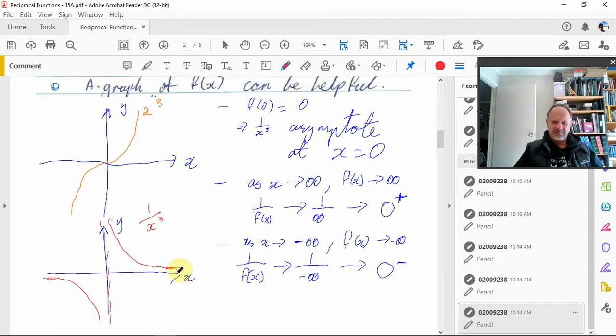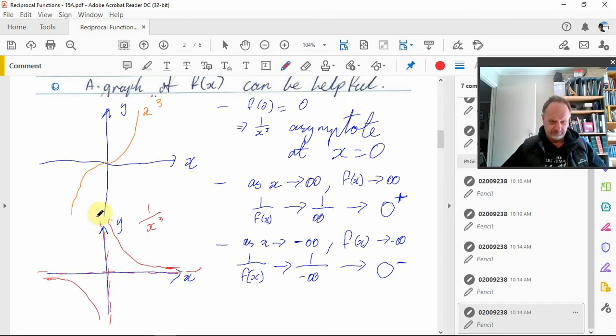Now this x-axis, see how it's going towards 0, that is also an asymptote as well. All right, so that's what that particular graph would look like. So we use that kind of analysis when we're looking at what our reciprocal graphs might look like.